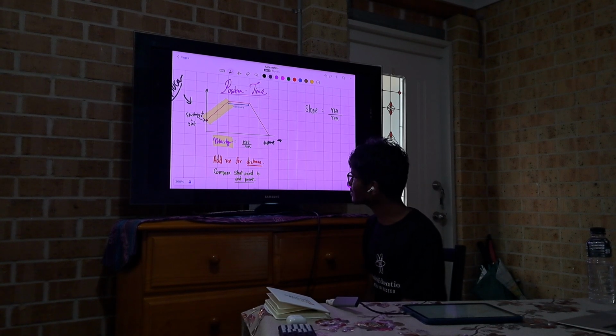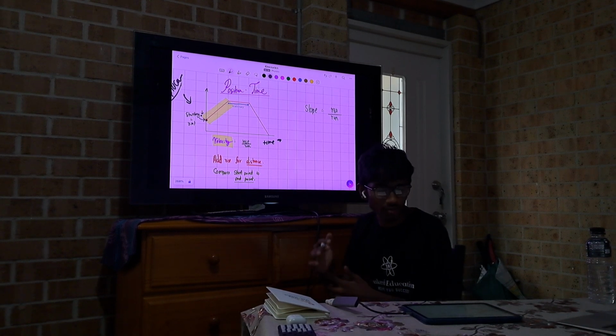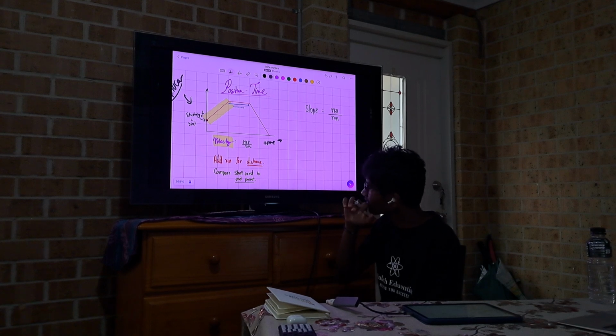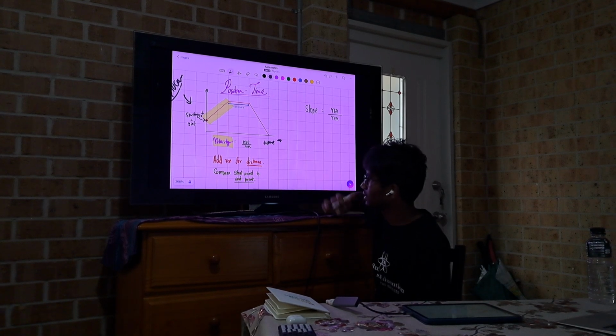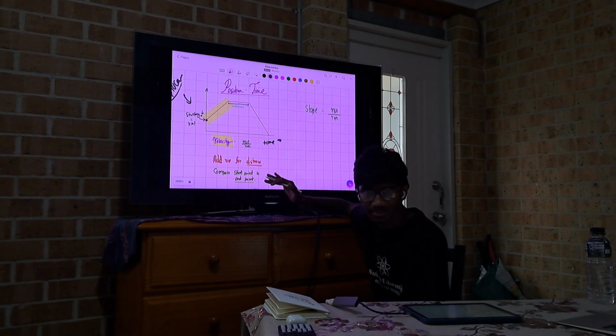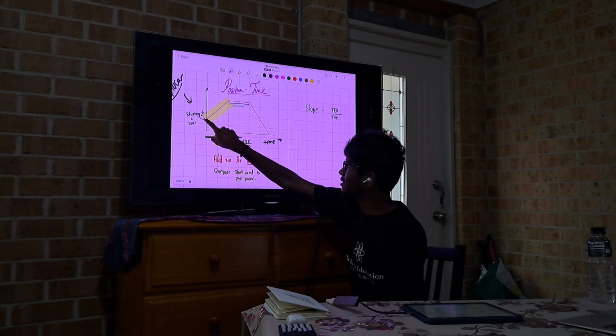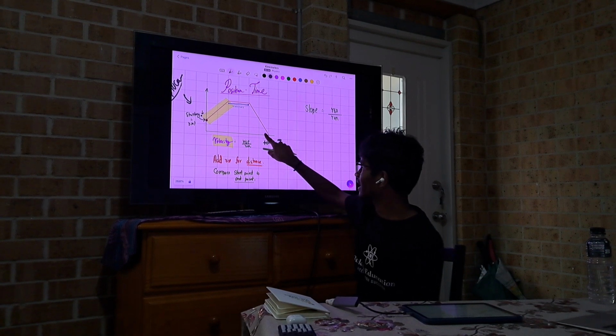Now, suppose you want to find the distance or the displacement. You want to add the rise for distance, and you want to compare the start and the end point for displacement. Simple. So for displacement, suppose this is 1, rounded up to 1, and it ended at 0.